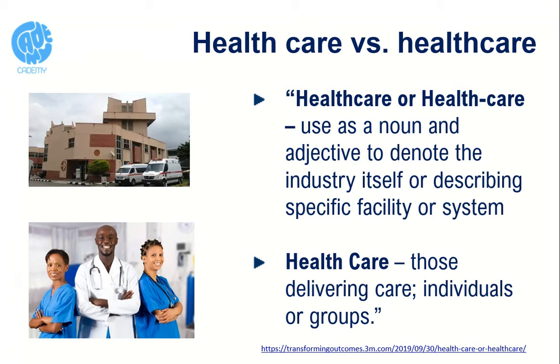Okay, so that's one. And then secondly, we find healthcare with respect to those individuals or group of people involved in delivering the healthcare. So it's important to clarify this before we go on.